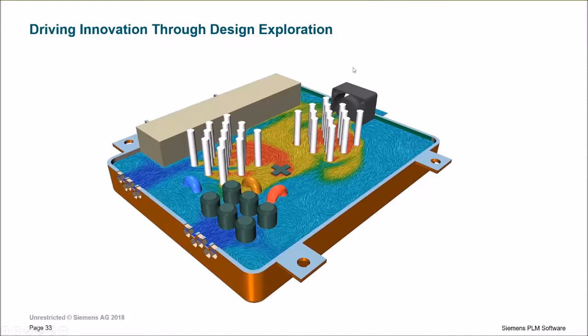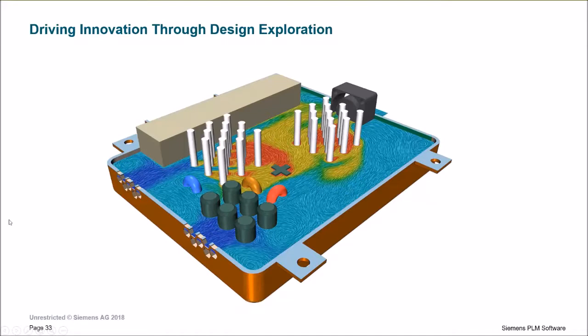We have access to the variables controlling this, so we can move these openings along this wall, for example. We can also move this fan along the opposite wall, and we can change the diameter and number of pins or needles that compound these heat sinks.